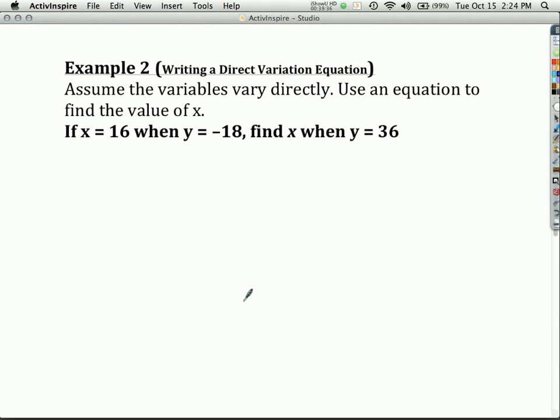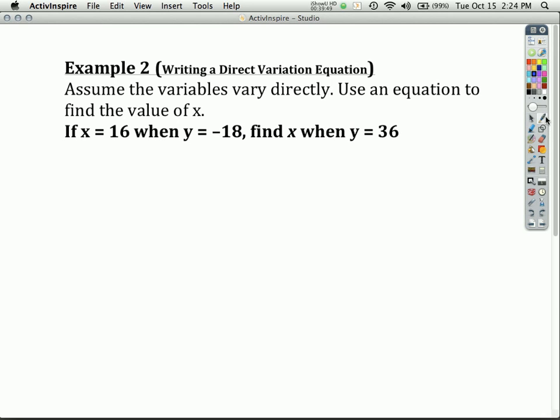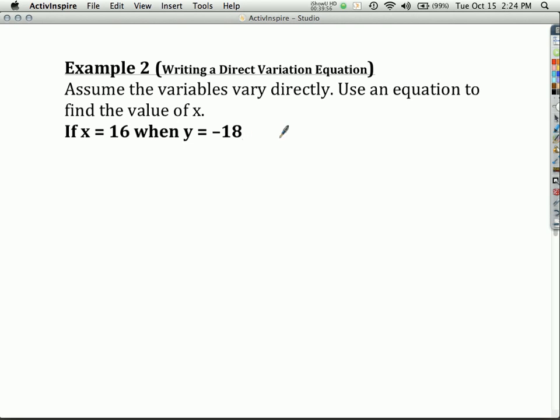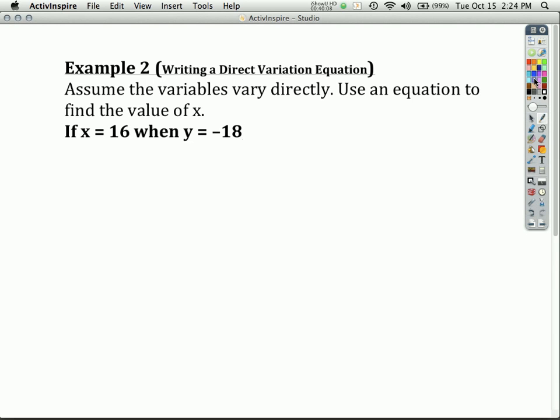So now, we want to use an equation to find a missing value.